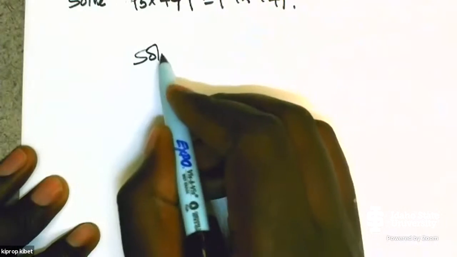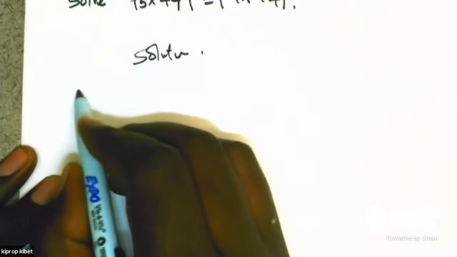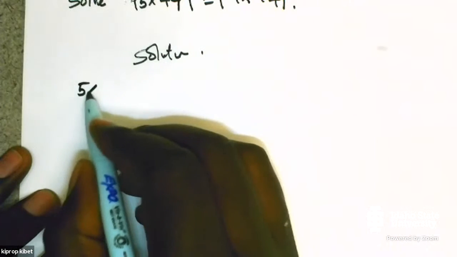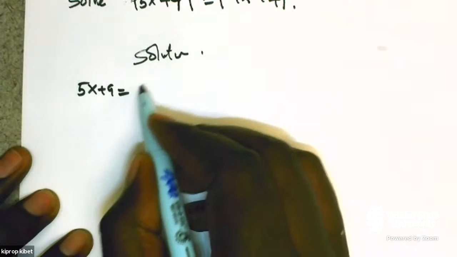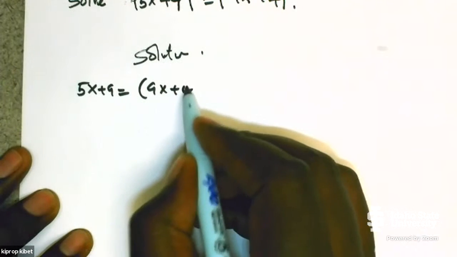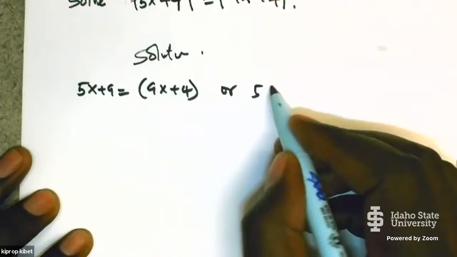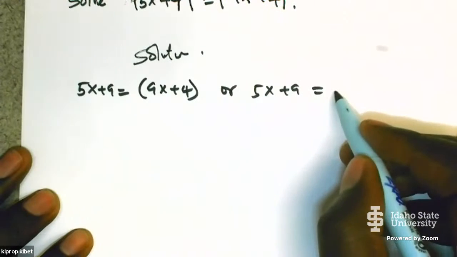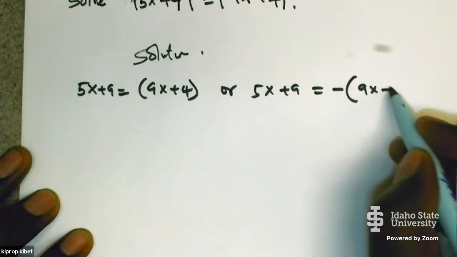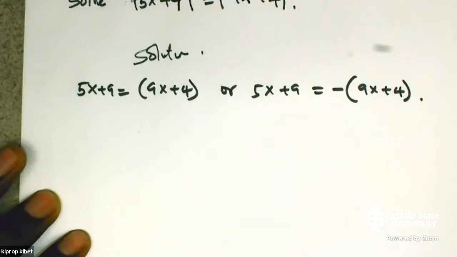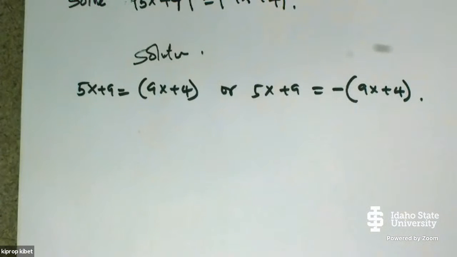So what is the solution? We can say 5x plus 9 equals 9x plus 4, or 5x plus 9 equals minus the whole of 9x plus 4. So it can be plus or minus the whole of this.